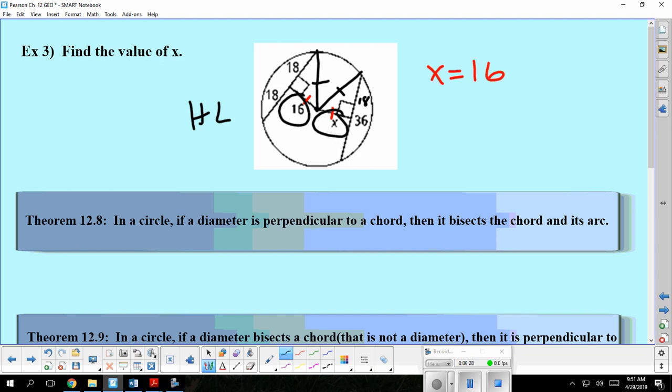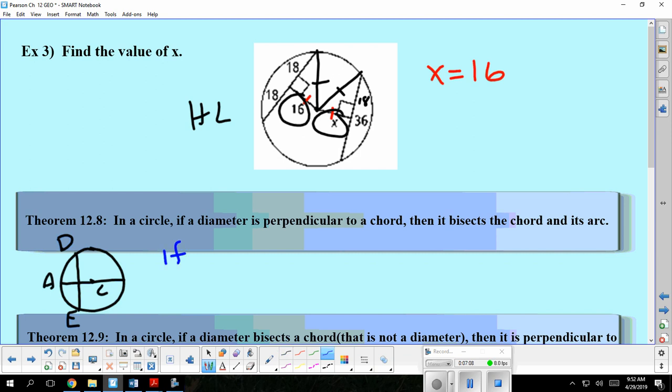All right, so we're going to draw some circles for these different theorems. In a circle, if a diameter is perpendicular to a chord, then it bisects the chord and its arc. Let's go ahead and draw a circle here and see what we have. Center C, A here, chord DE.